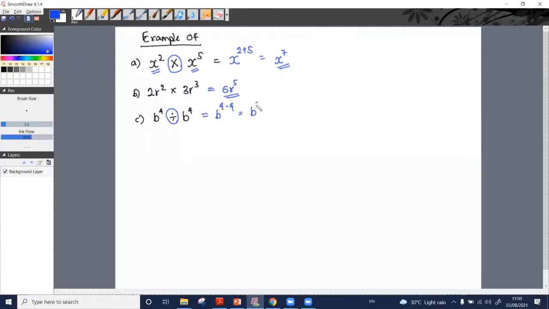That is b to the power 0. Then what should be the answer? We can simplify this one, right? 1. Yes, the answer should be 1, not b. I saw some of you have given the answer as b. It should be 1. Why?